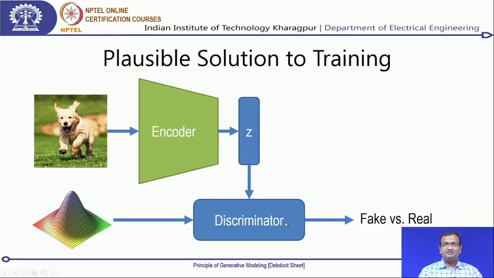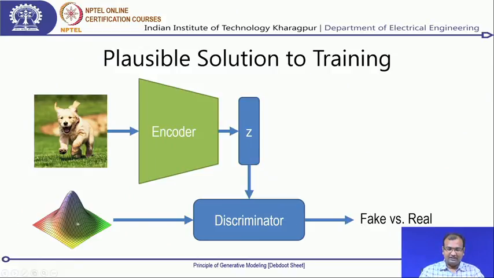The job of this discriminator is to distinguish whether this random number is coming from this 2D Gaussian, or whether it is coming from an image. If it comes from an image, you can call that a real image. If it comes from this Gaussian, you can call this fake, or even the other way around.